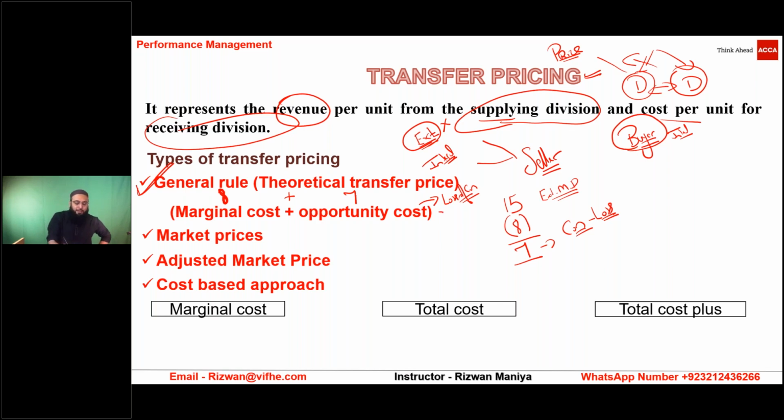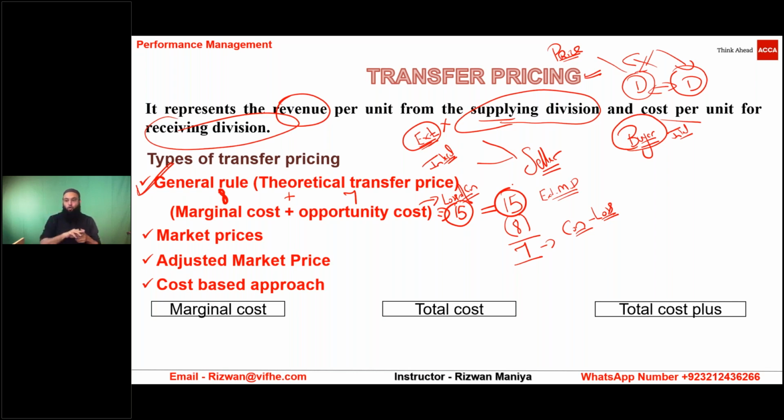So this means the total is 8, the marginal cost, and 7 is the loss that I'll incur if I'm not selling externally. The total makes up to 15, and that's equal to the external selling price. Right? It's 15, right?